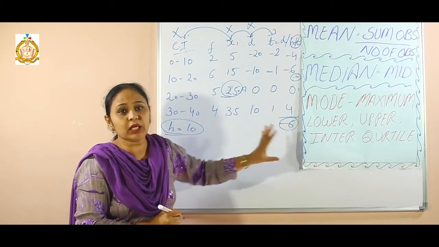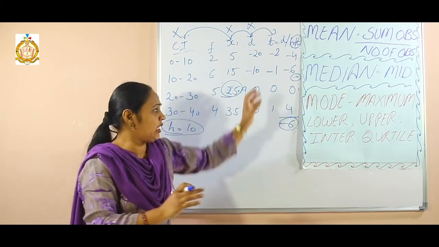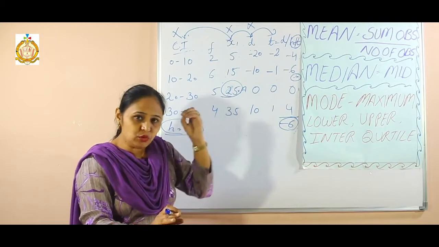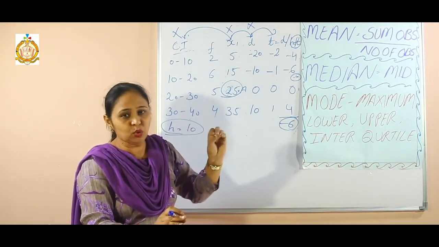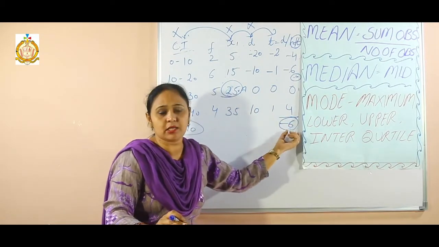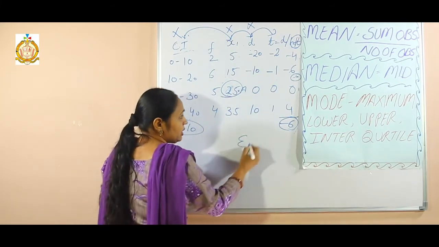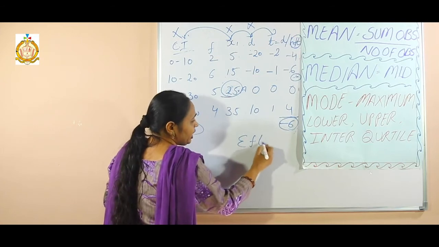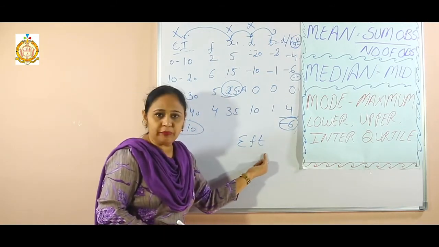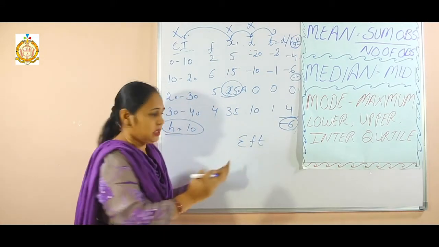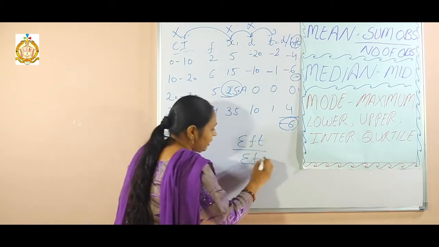Now how to prepare the formula? I am not just writing the formula and cramming it. No. We have to prepare the formula in our mind. We know that we have to take the last sum, the multiplicative sum. That is now minus 6. Sigma, now I take f and t. Sigma ft, that means summation of that number. Divided each time by sigma f.